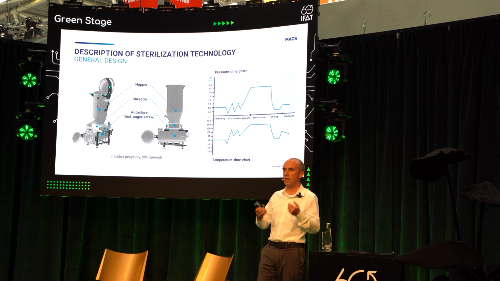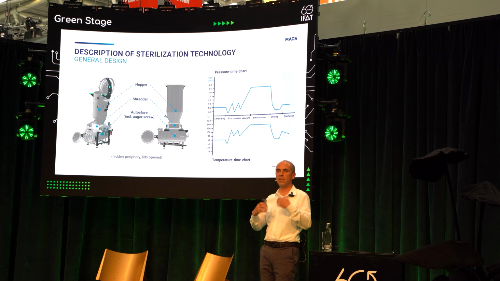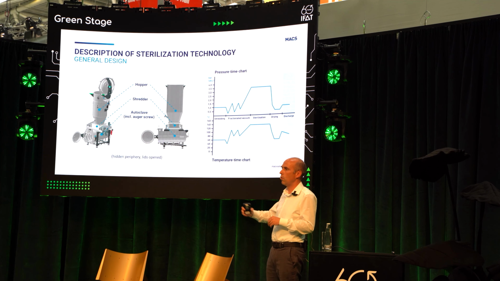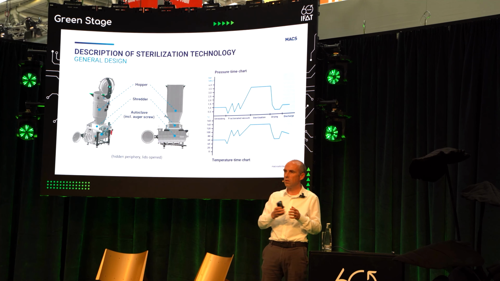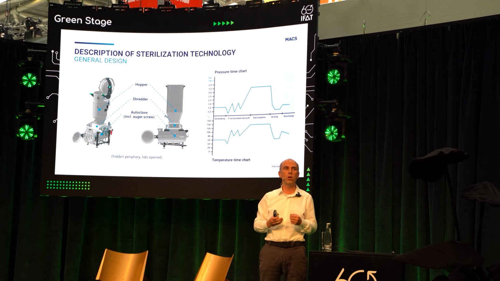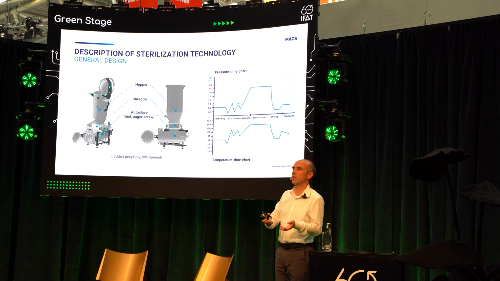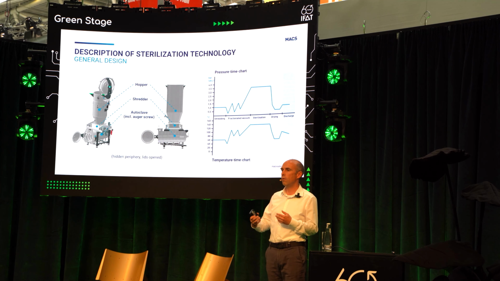After shredding has ended, the waste enters the autoclave that is below the shredder. And we have an auger screw inside this autoclave that ensures the even distribution of the material inside the autoclave. Then we are creating a vacuum. This means we are sucking the initial air out of the machine. This is necessary so that the steam can reach every waste particle.